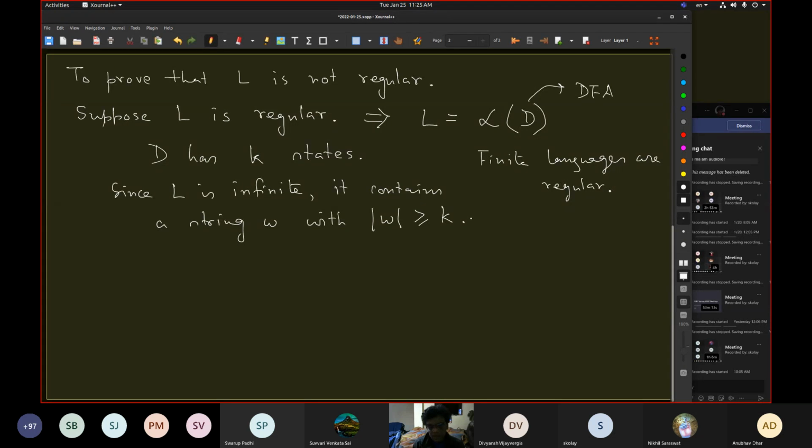Depends upon the size of the alphabet sigma, but anyway, it's a finite number. So since L is infinite, it must contain a string W whose length is greater than or equal to K.